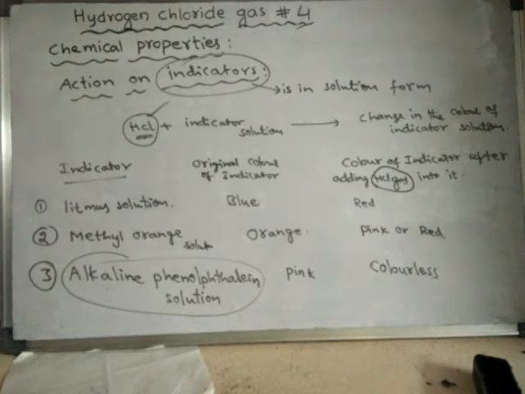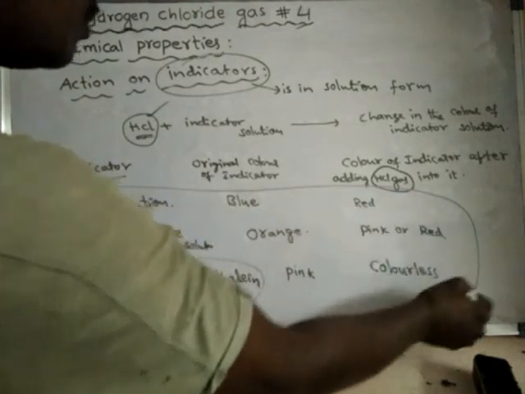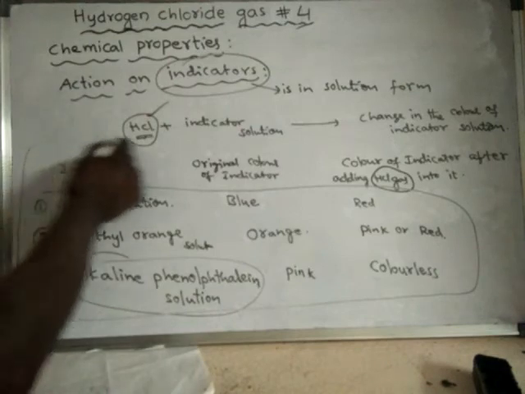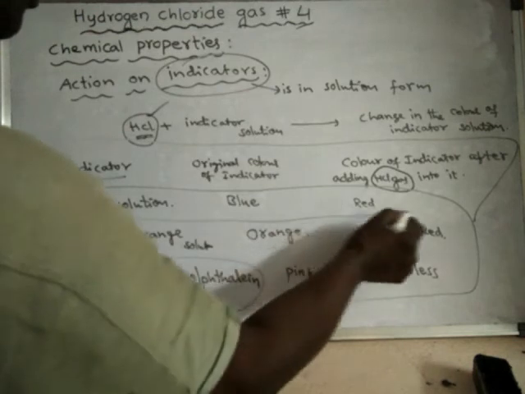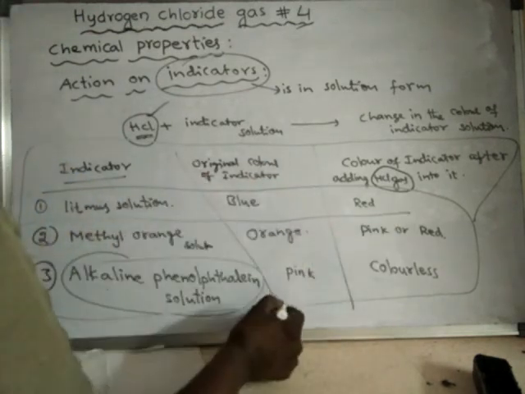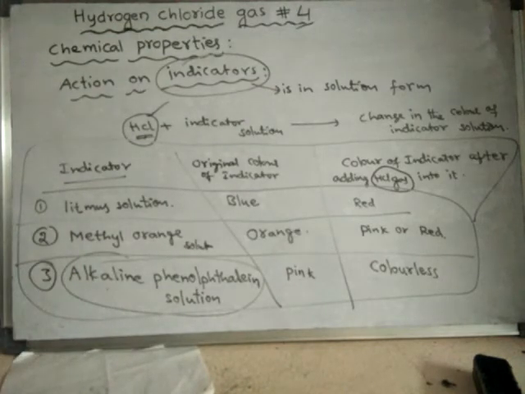So in this way, the action of acid on indicators can be explained.